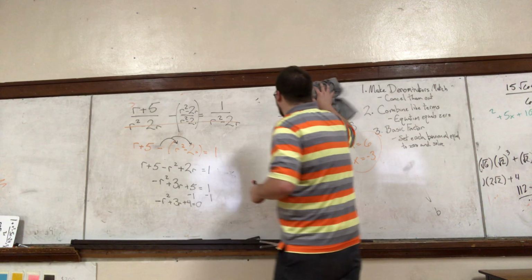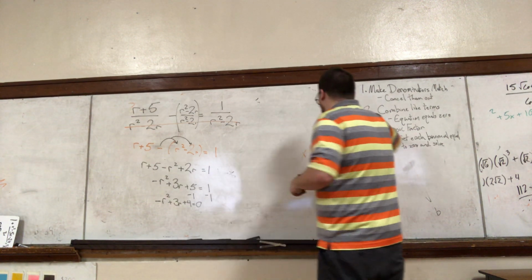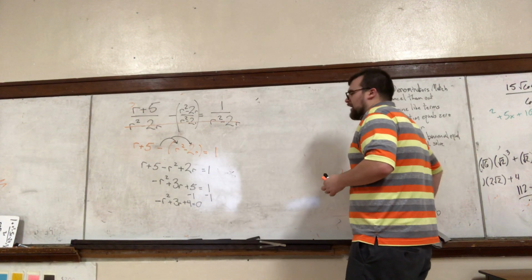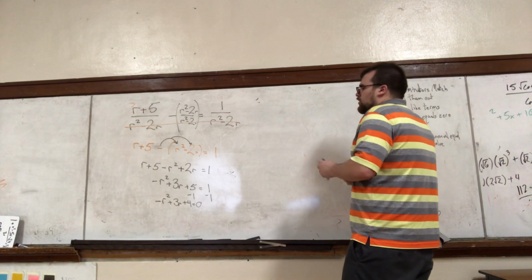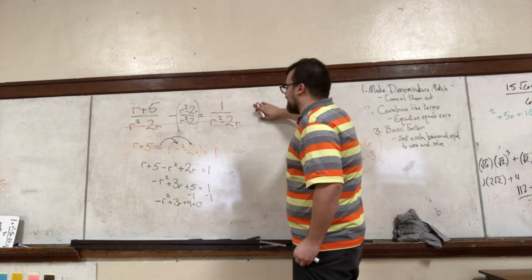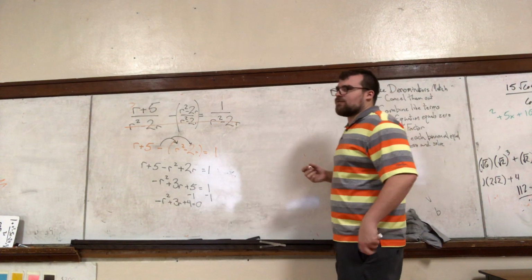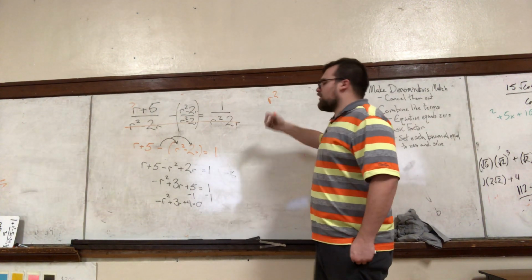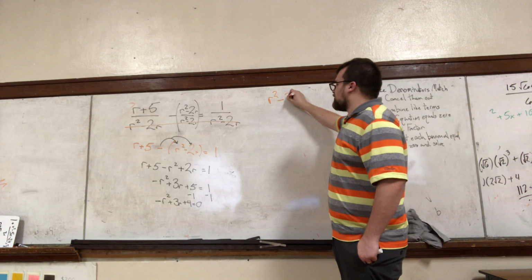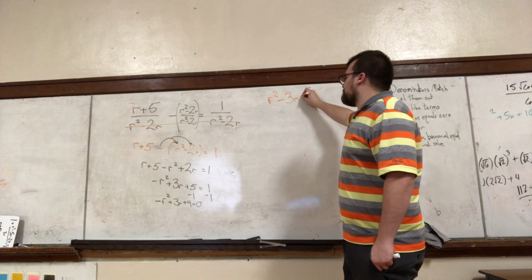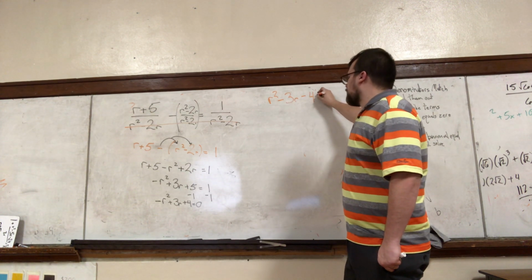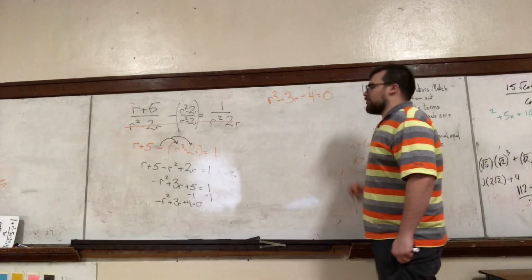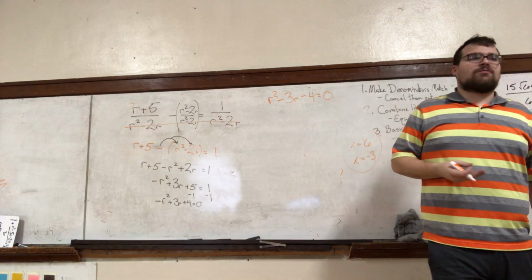We must flip every sign involved. So if you ever run into a negative in front of an r squared, you must flip all the signs, meaning r squared becomes positive. Then we write minus 3r minus 4 equals 0. You can't really flip the sign on 0.